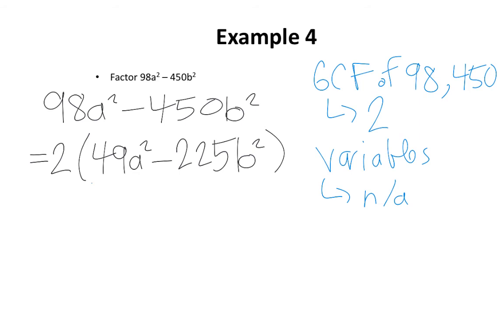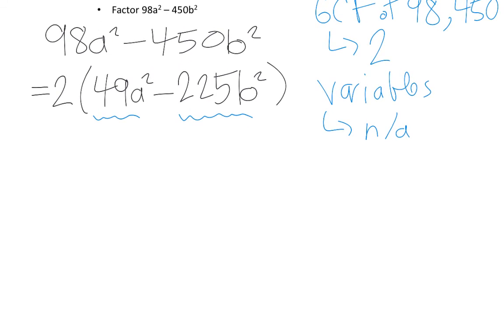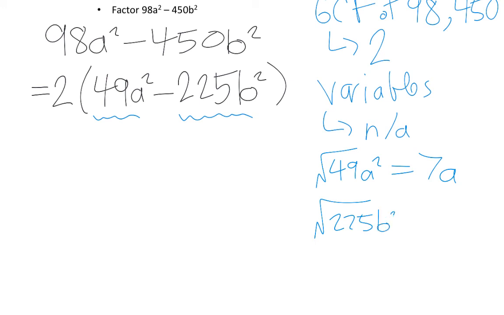You have a 49a squared and a 225b squared. It is very possible that difference of squares is present, but let's double check that to make sure. So I'm going to square root 49a squared, which gives me 7a. And then I'm going to square root 225b squared, which gives me 15b.